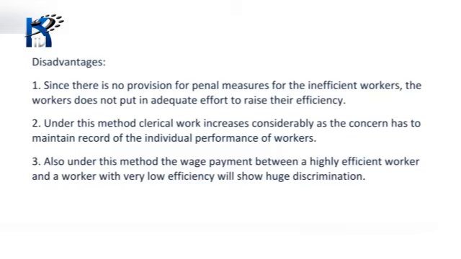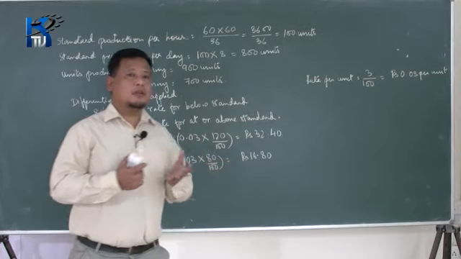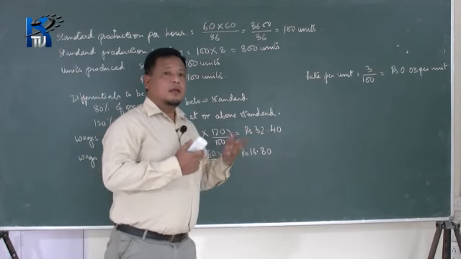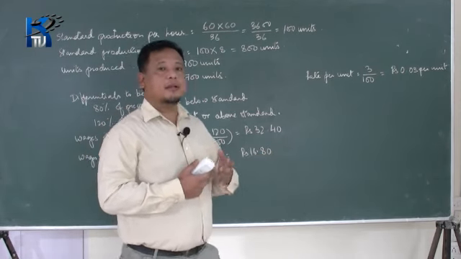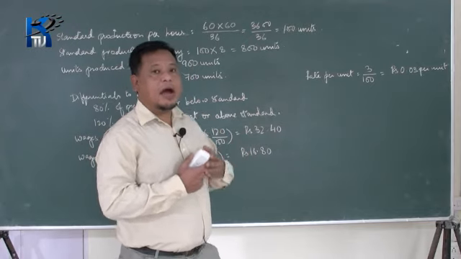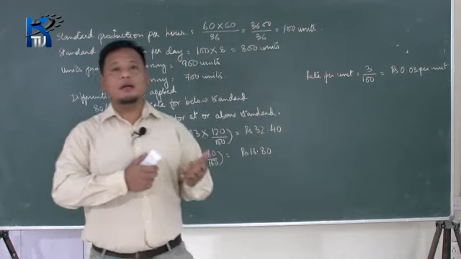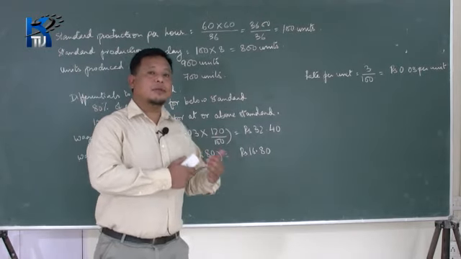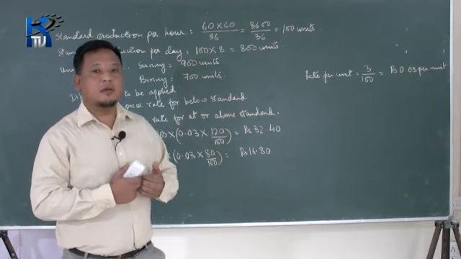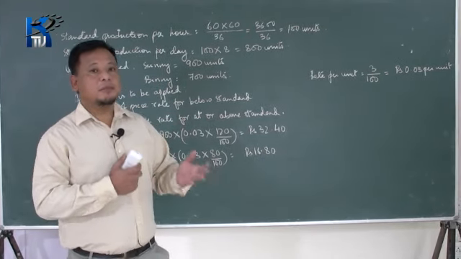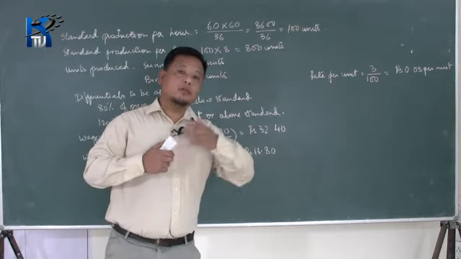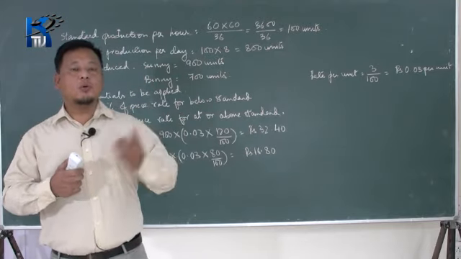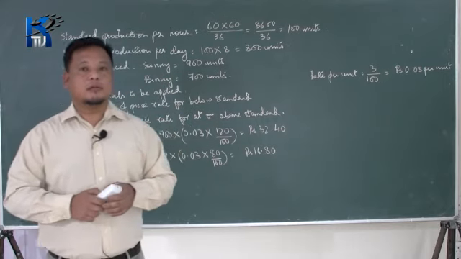The last disadvantage of this system is that the wage rate payment between efficient and inefficient workers does not deviate considerably, but if we compare the wage difference between a highly efficient worker and a worker with very low efficiency, the wage rate deviates very considerably. So this method also provides a higher rate to efficient workers and a lower rate to inefficient workers.